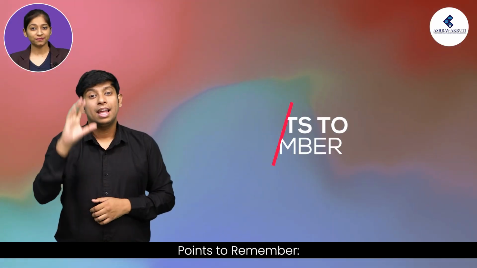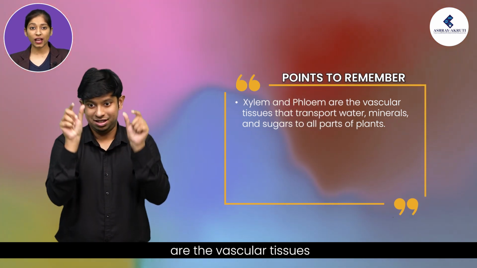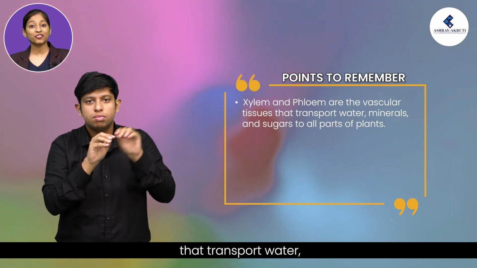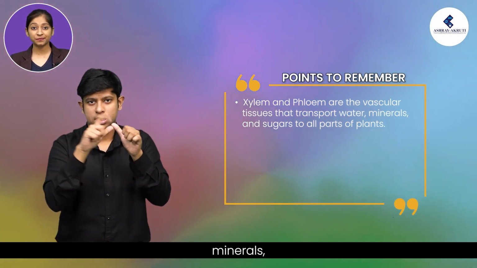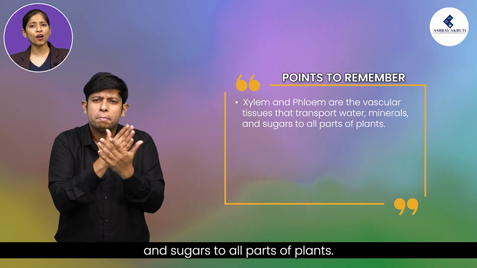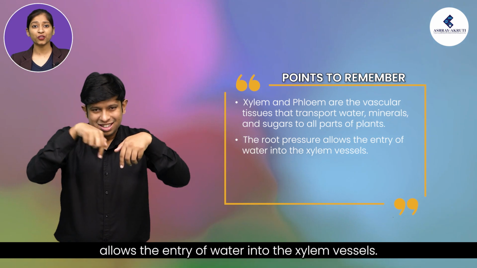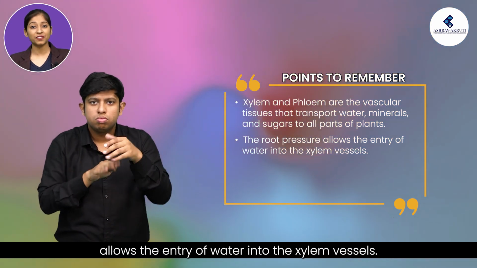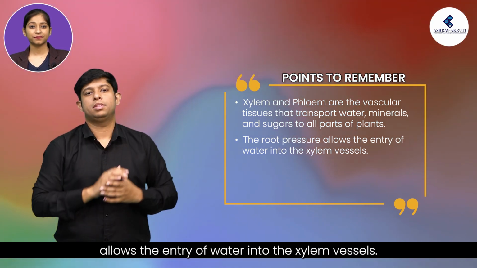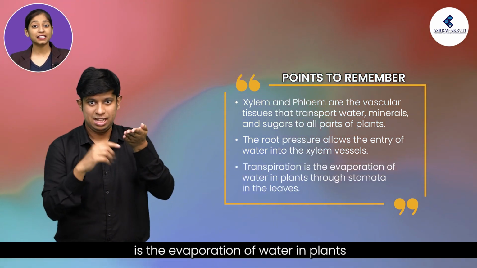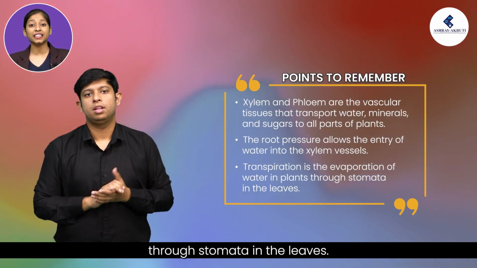Points to remember: xylem and phloem are the vascular tissues that transport water, minerals, and sugars to all parts of plants. The root pressure allows the entry of water into the xylem vessels. Transpiration is the evaporation of water in plants through stomata in the leaves.